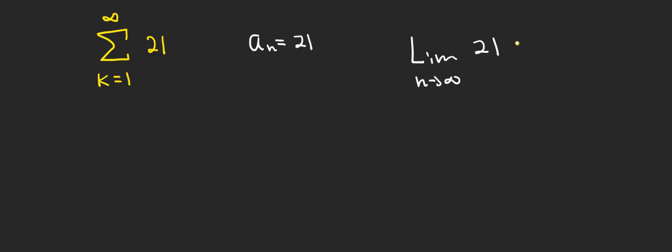Well, we know that this is not equal to 0 because the limit as n approaches infinity of 21 is 21. So therefore, by the n-term test, we can conclude that this infinite series diverges.